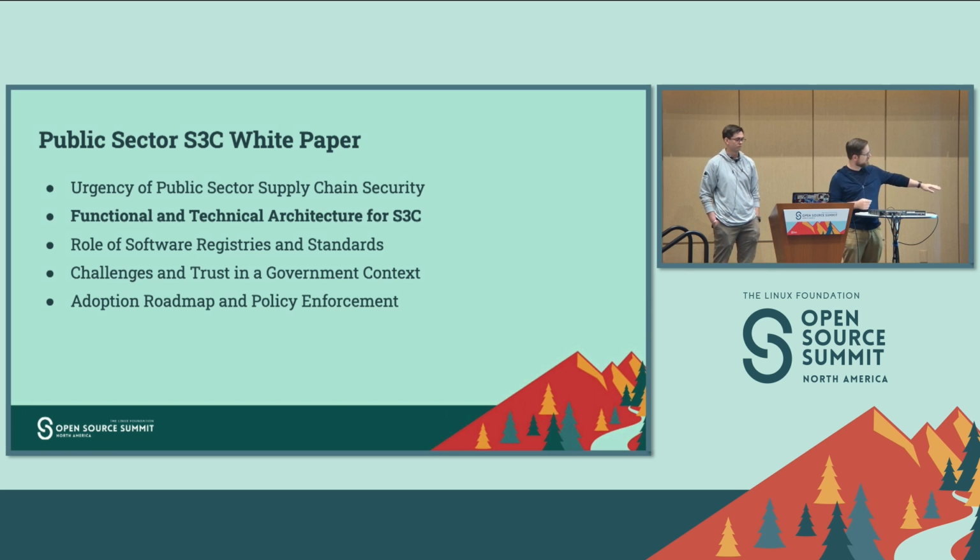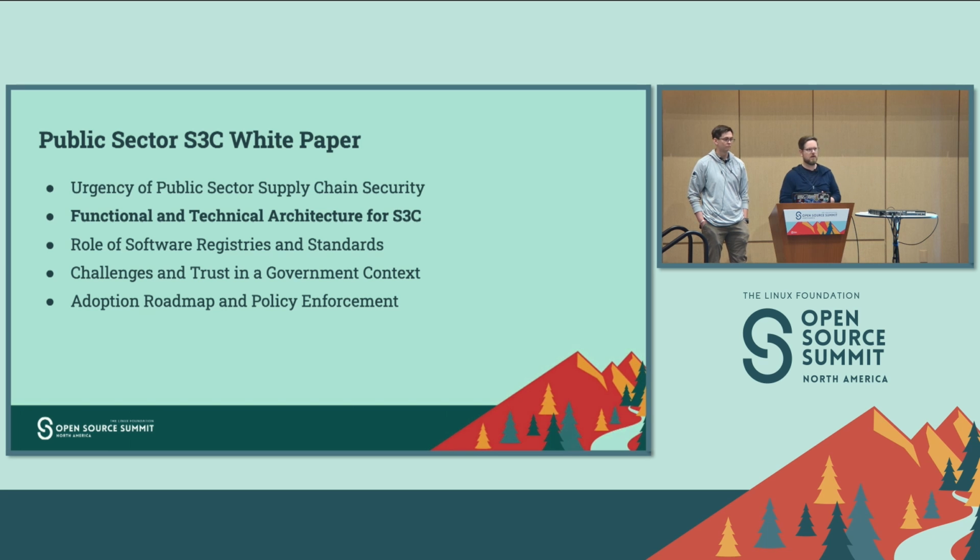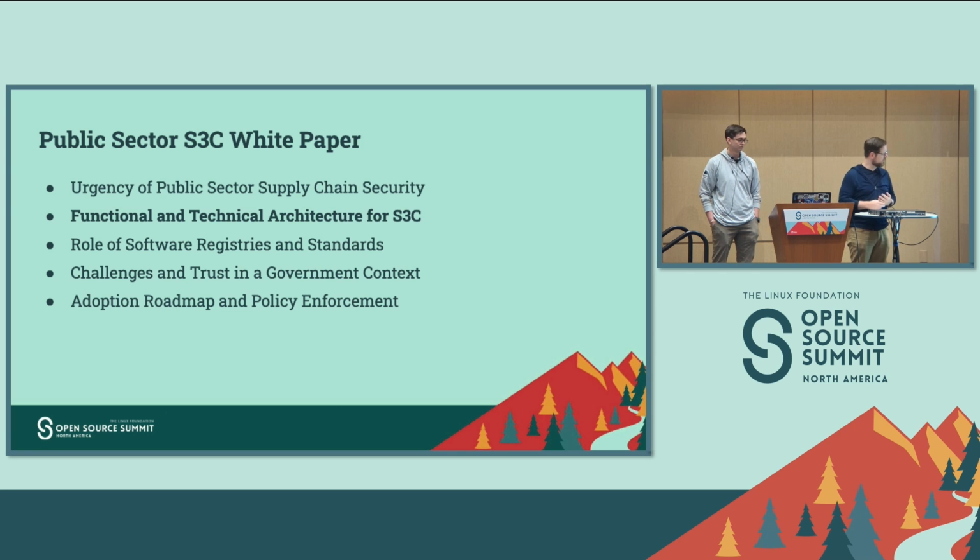We're not going to talk about this here, but in the white paper we do talk to software registries and advocate for making things like SBOMs and vulnerability exchange information available through those registries as soon as possible, to make discovery and correlation easier between released artifacts and those software supply chain security documents.